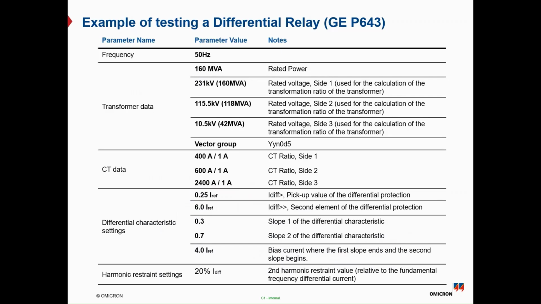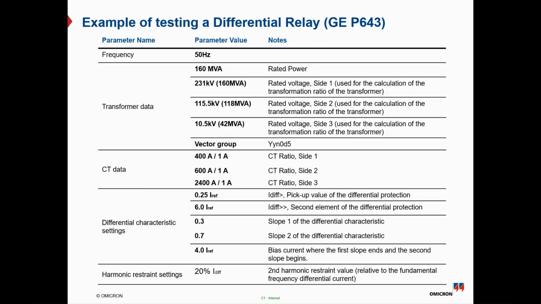And here we have some examples of the differential relay for the GE B643, and here is one setting which we will use in the practical demo board. So the frequency is 50 hertz, and here is the transformer data with the rated power and the high voltage side, rated voltage of the primary side, and the rated voltage of the secondary side or side 2, and also the rated voltage for side 3 or the tertiary voltage, besides the vector group.